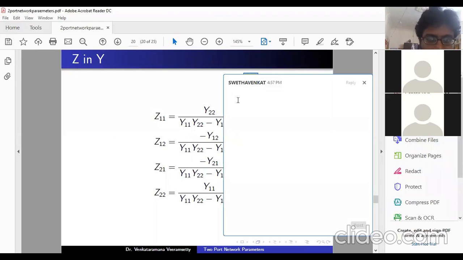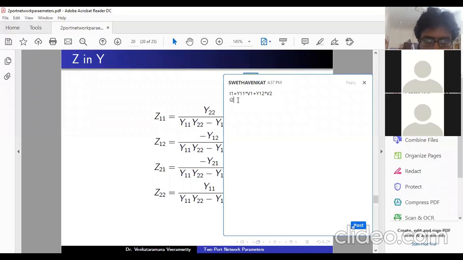So what is the Y parameter equation? I1 equals Y11 into V1 plus Y12 into V2.